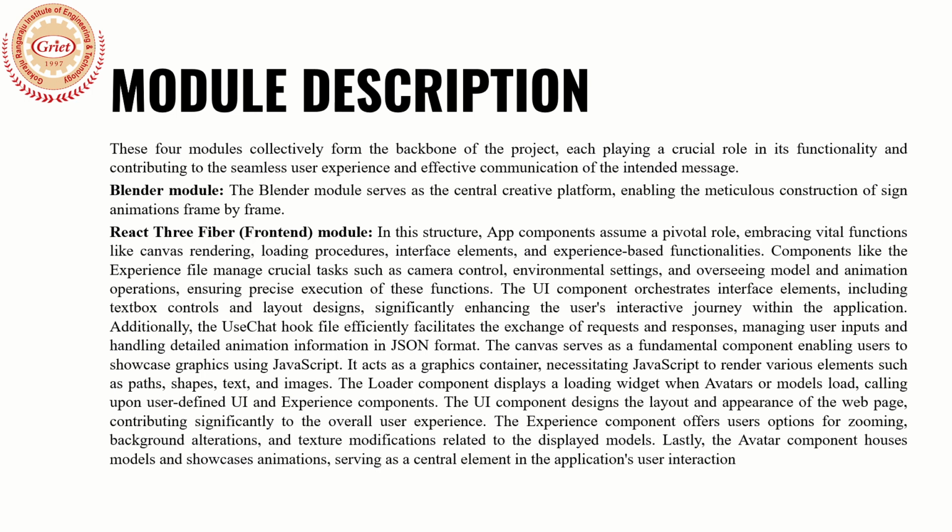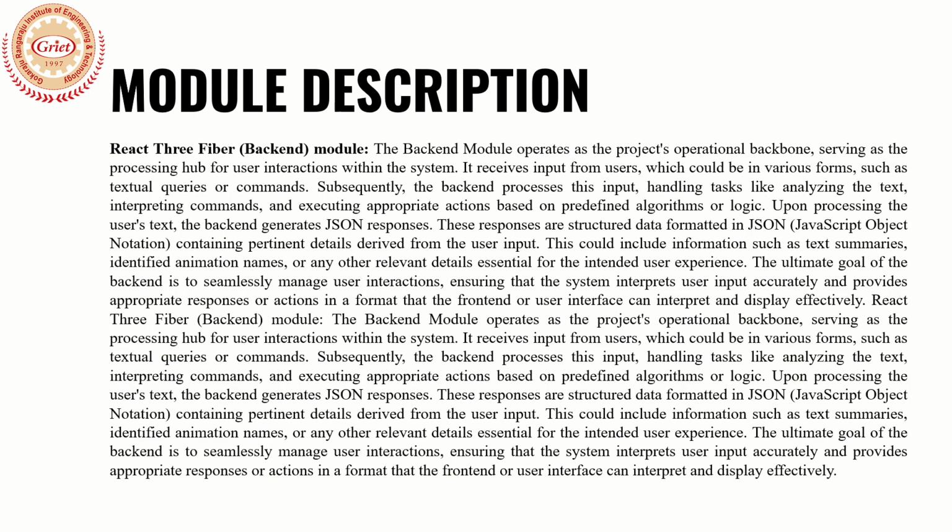Then we get into the next module, React Three Fiber at the backend. We used JavaScript to program this model. The backend consists of a GLB file along with some code which can break down the given input into smaller pieces called tokens, then find the appropriate animation related to those small pieces.